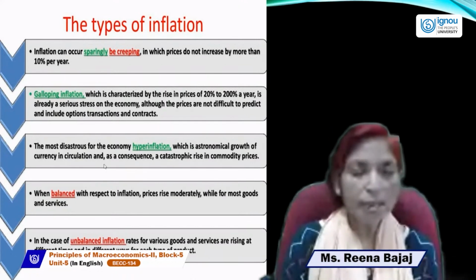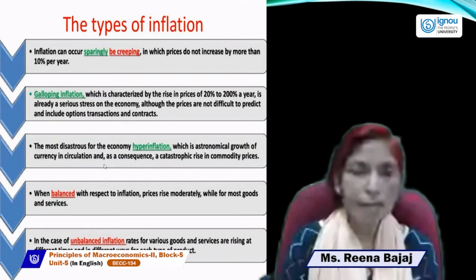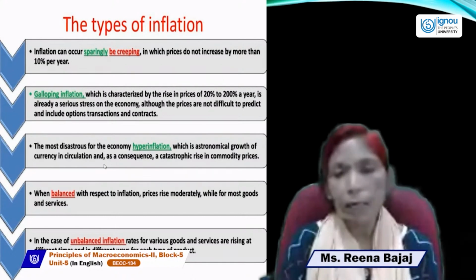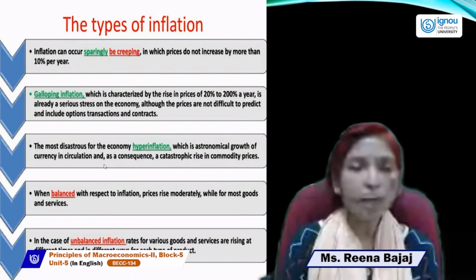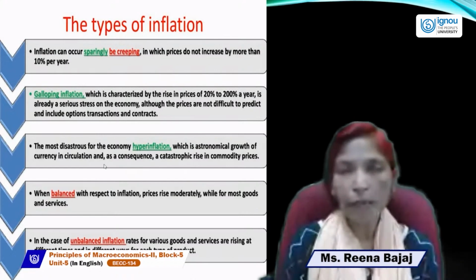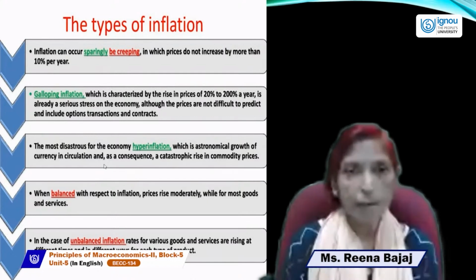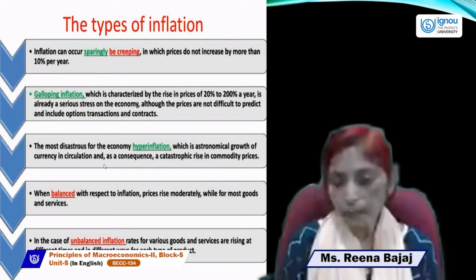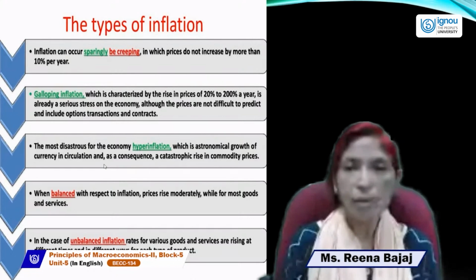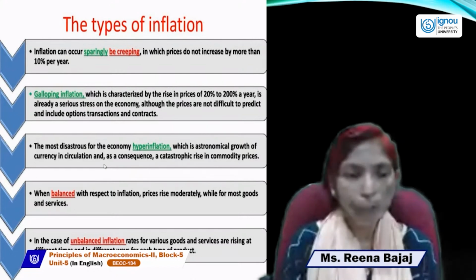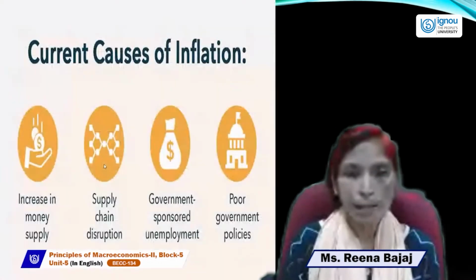In case of unbalanced inflation, rates for various goods and services are rising at different times and in different ways for each type of product. So we can say that the inflation rate may be balanced or moderate for every commodity produced in our economy, and it may be unbalanced for various goods and services. So these are the different types of inflation. Inflation types may be creeping or galloping, and hyperinflation, or balanced and unbalanced.